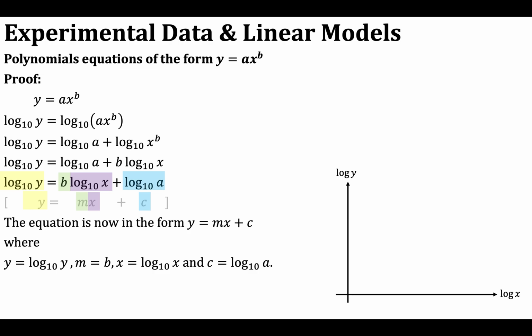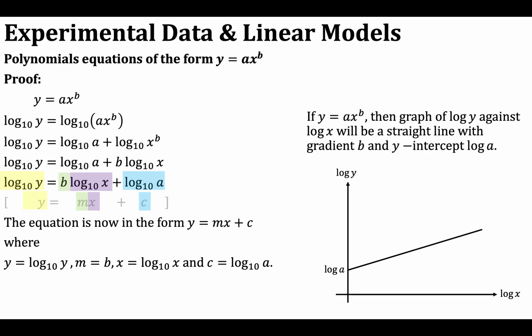And I've got a y-intercept of log to the base 10 of a, and remember it's a straight line, so I might have something like this, obviously, if my gradient, that's b, was positive. So what I can see here is if we've got y equals a times x to the power b, then the graph of log y against log x will be a straight line with a gradient b and y-intercept log to the base 10 of a.